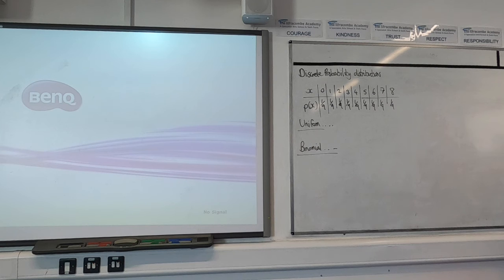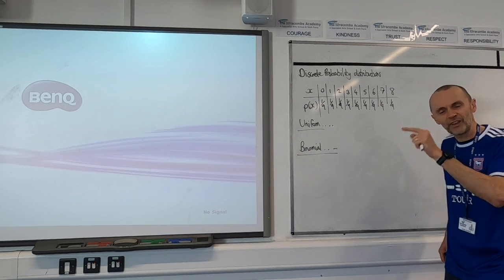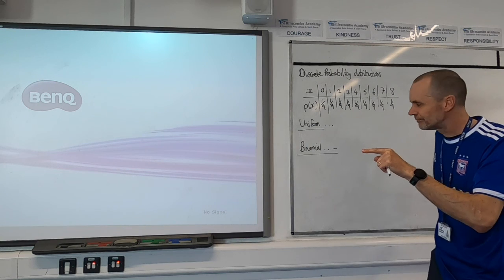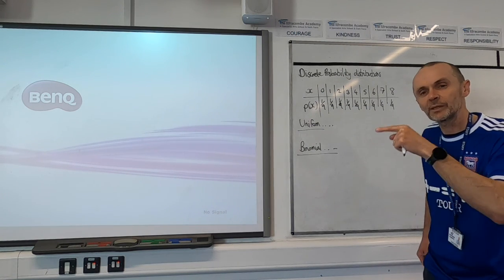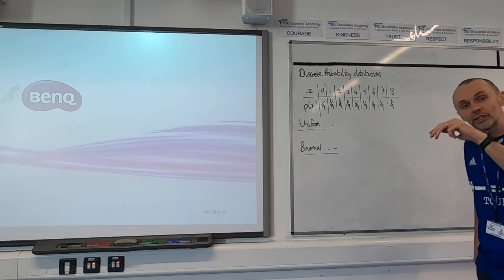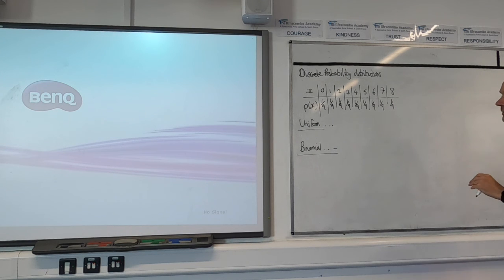And the binomial probability distribution is a special case where you're doing something a fixed number of times. And every time you do it, there's a fixed probability of success. And the result of one event doesn't affect the other event.